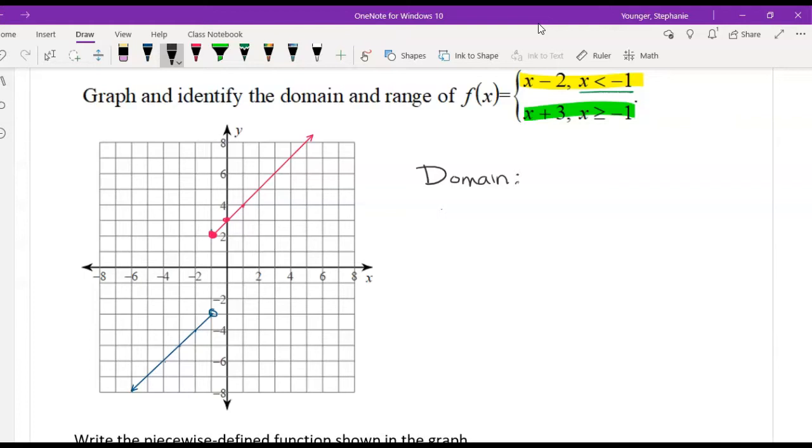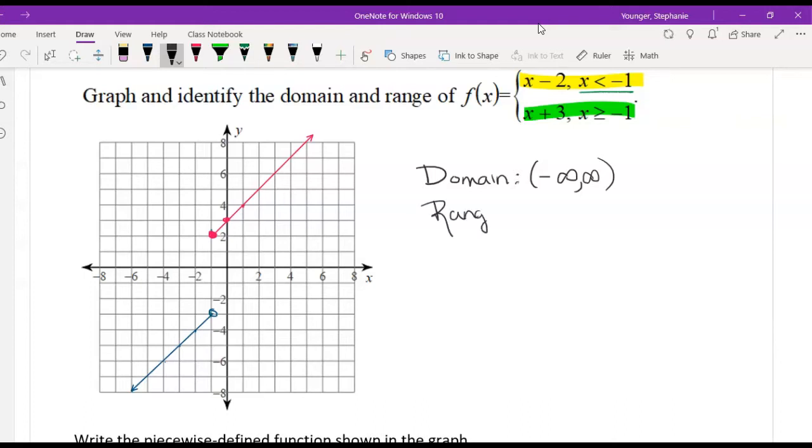What value does it yield? It yields the +2. So yes, even though we have this jump in our function, it still accounts for that. So we have all real numbers. So in interval notation, we have -∞ to +∞.